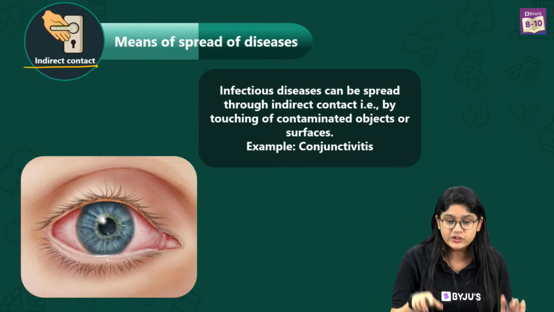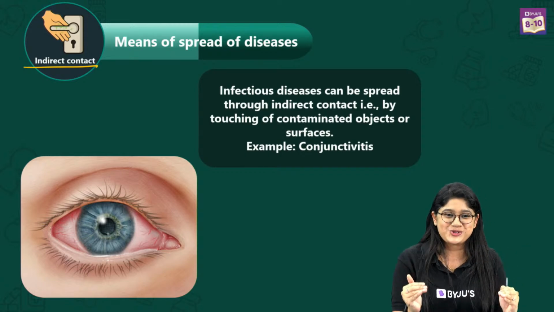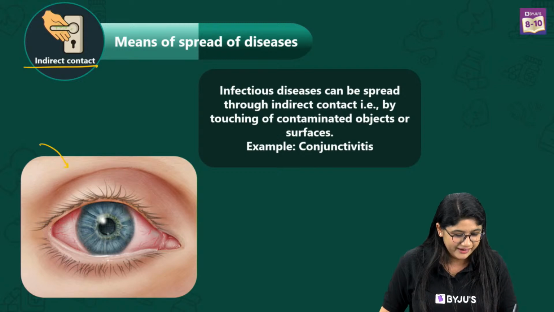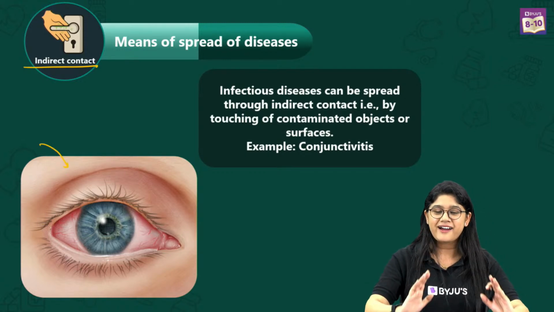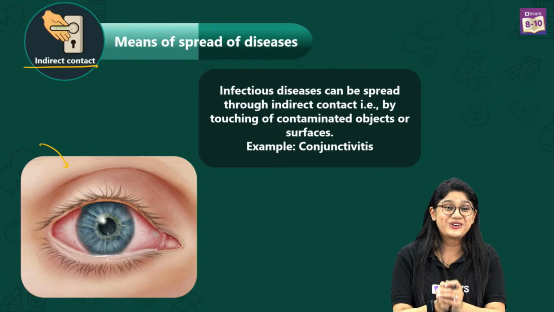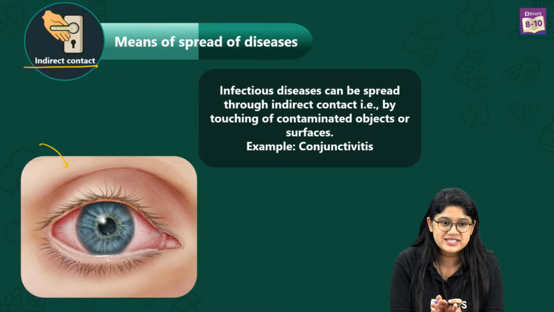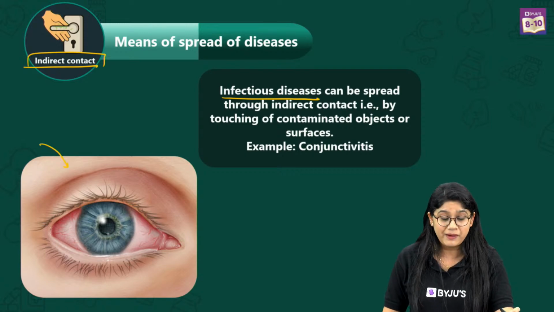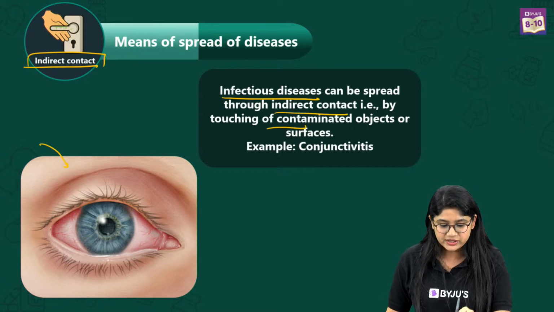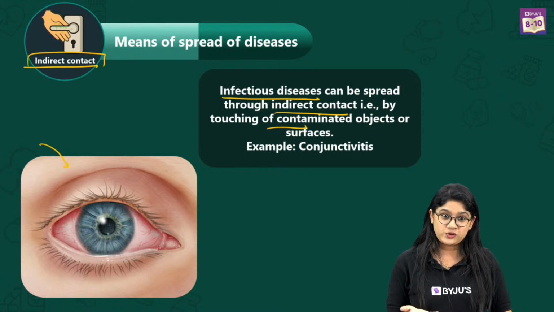Apart from that, one of the common things that we see, I'm sure you must have experienced it in your school also: if you get an eye infection, your teacher will ask you to stay at home and take care of yourself. Everyone, I'm sure this is the easiest of all to understand. Infectious diseases can be spread by indirect contact, touching a contaminated surface or an object.